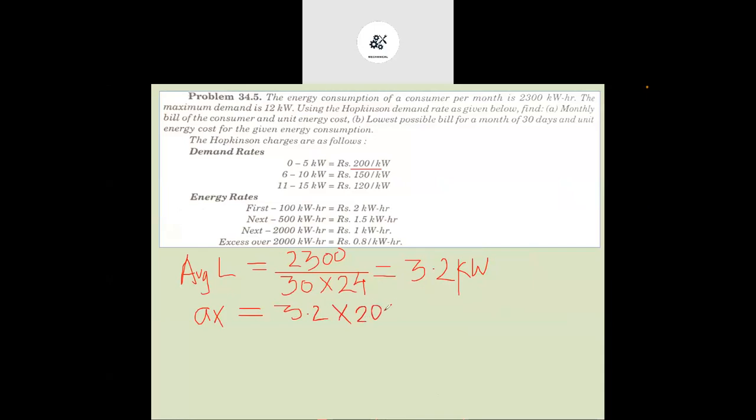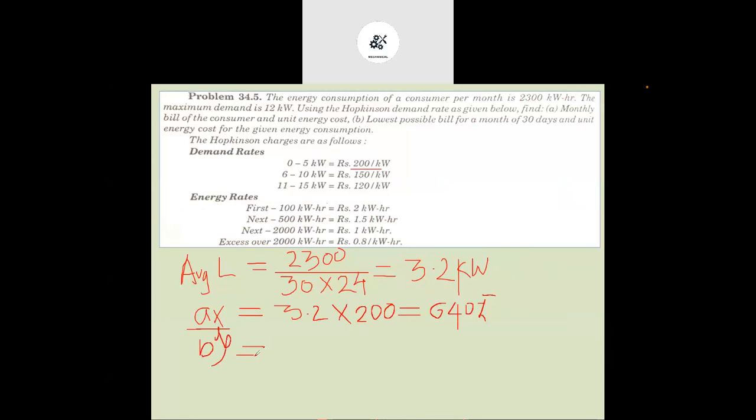Now the total maximum load charges will be, the first term, 3.2 kilowatt multiplied by 200 is equal to 640 rupees. That is the first term you find out.